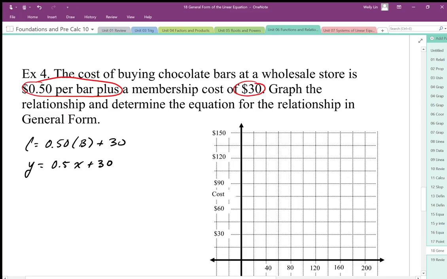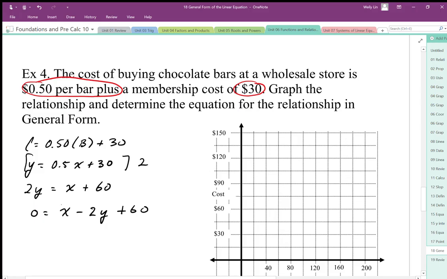If I want to put this into general form, I need to get rid of that decimal, so I'm going to multiply by 2. So I end up with 2y is equal to 1x plus 60. Making it equal to 0, keep the x positive, we end up with x minus 2y plus 60 as our general form equation.